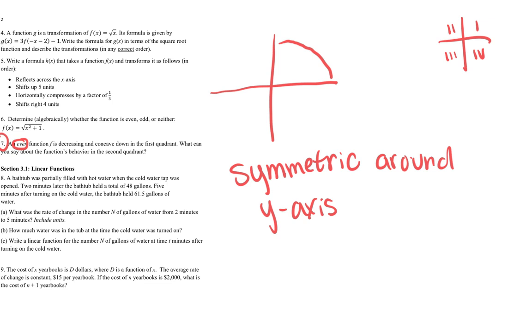So we want to think about reflecting what we have across the y-axis. Then we have a function that may look something like this on this side. And so we know that the behavior of this function is going to be concave down and increasing.